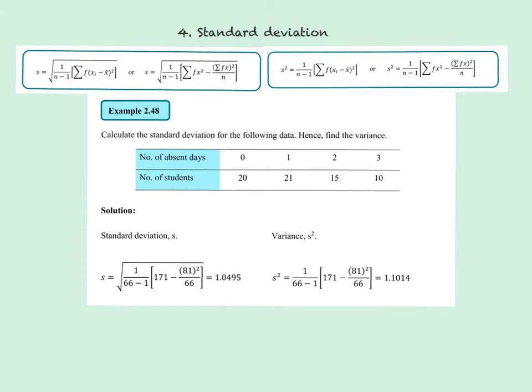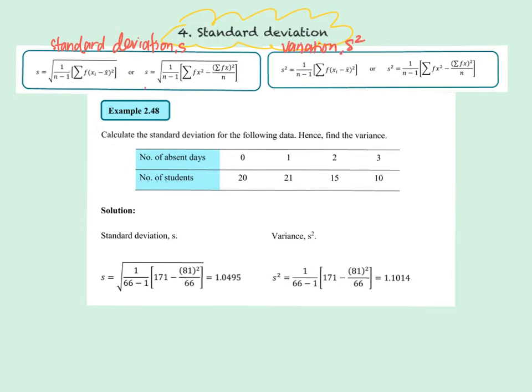The last formula for measure of dispersion for ungrouped data is standard deviation. For standard deviation, we are going to discuss together with variance. So we have formulas here. The first formula is for standard deviation, the symbol is S. And for variance, the symbol is S squared.